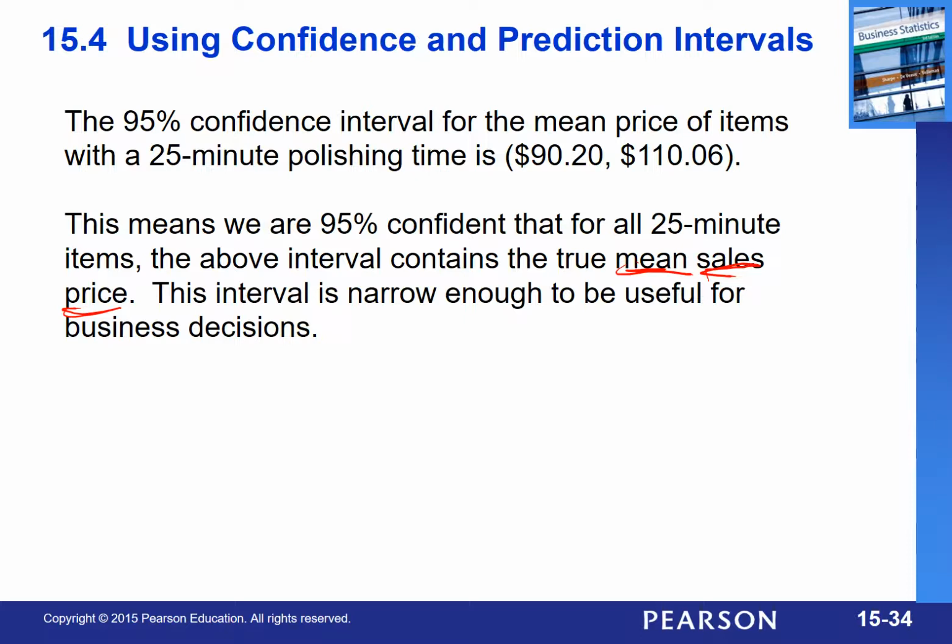So again, this is the mean. Be careful. These are about means, not about individual prices or about all the possible prices. This is what I think the mean looks like. It's somewhere between these two.